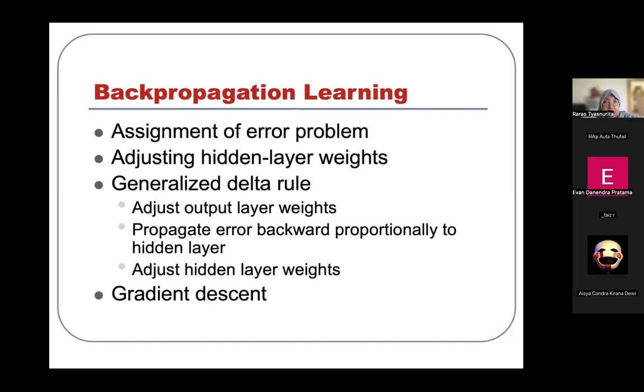If you find the GitHub of a neural network model, you can always find the part where they implement this gradient descent, because that is how they do the learning. So you adjust the weights in your hidden layers.